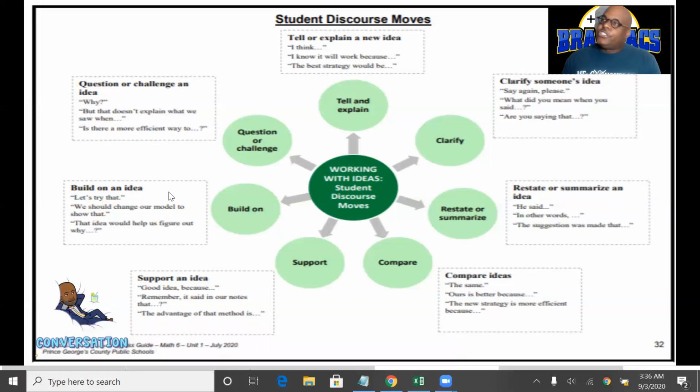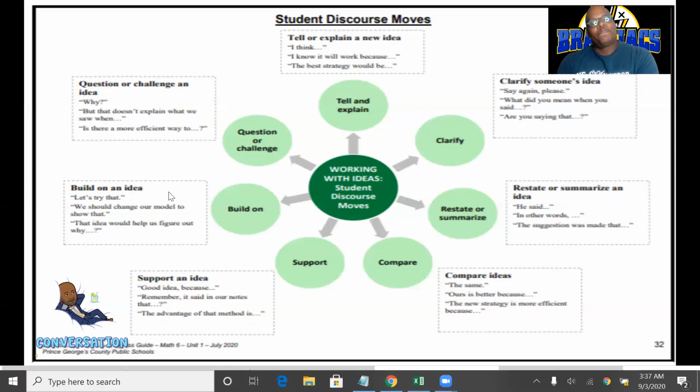The idea is you take what someone said, like, I agree with Famal, but I want to add, or I believe that Malachi is right, but I also would like to add that. So we're taking the initial idea and we're either adding to it or we're putting it in place to test it.